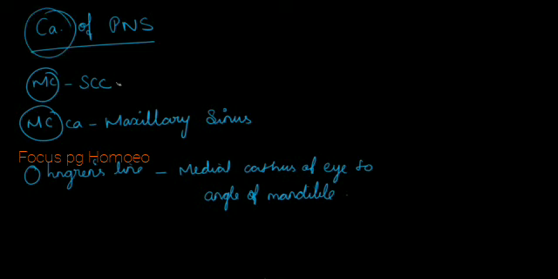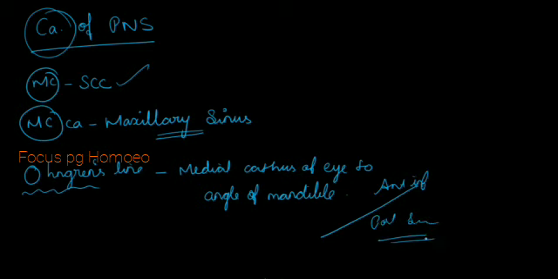The most common type of carcinoma is squamous cell carcinoma, and the most common carcinoma arises from the maxillary sinus. And Ohngren's line connects the medial canthus of the eye to the angle of mandible. Because of this line, the disease can be differentiated into two parts, so that we can have our identification, that is anterior inferior part and posterior superior part. So this is all regarding Ohngren's line. Moving on to the next topic.